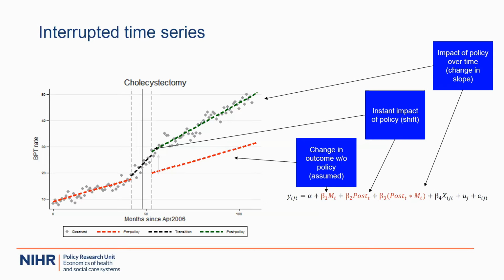There's a term for the shift, for that immediate impact of a policy. And there's a term for the change in the rate of change, which is quite difficult to describe in terms of arrows, but it's essentially the angle of the line, as the angle of the line changed, the black dashed line, after the policy came in.